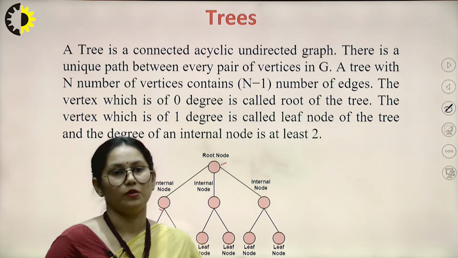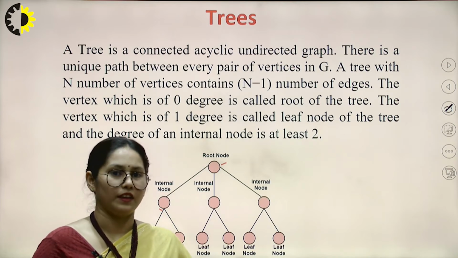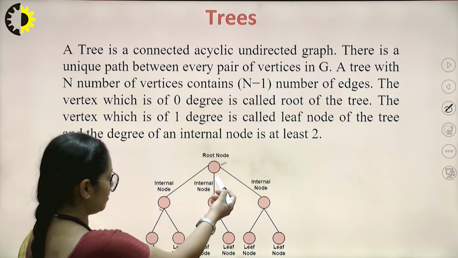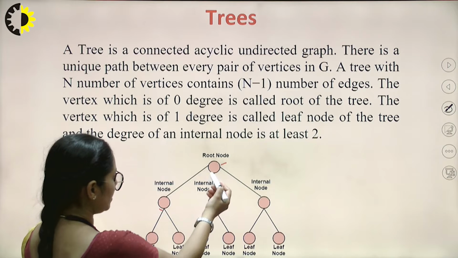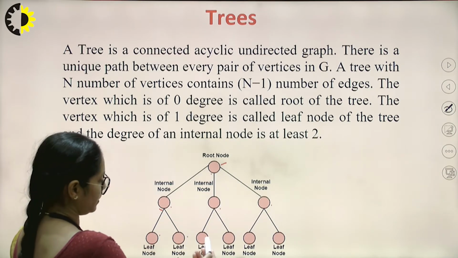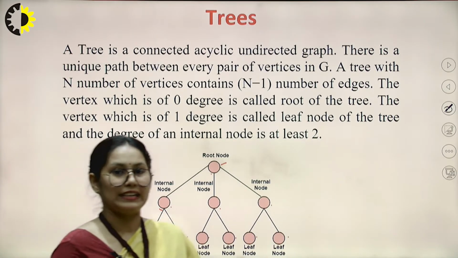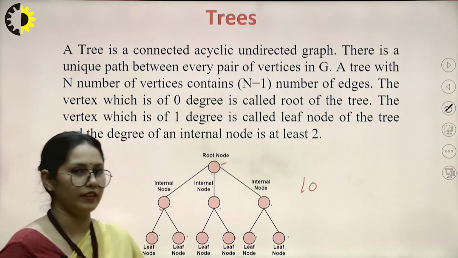I just said that if you have n number of vertices, then there are n minus 1 edges. Here the count of vertices is 1, 2, 3, 4, 5, 6, 7, 8, 9 and 10. So there are 10 vertices. How many edges would your tree have?